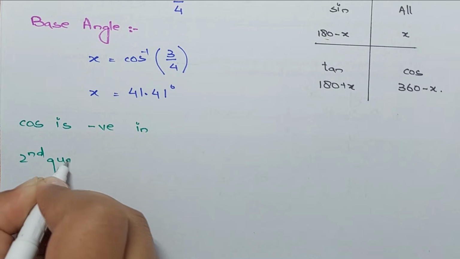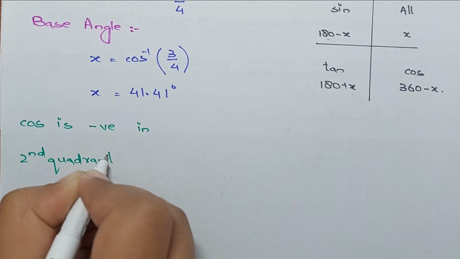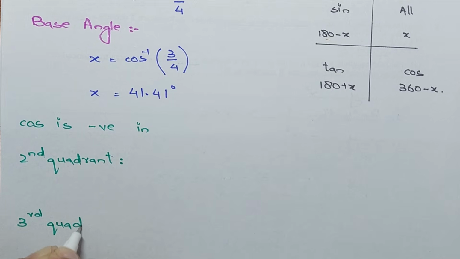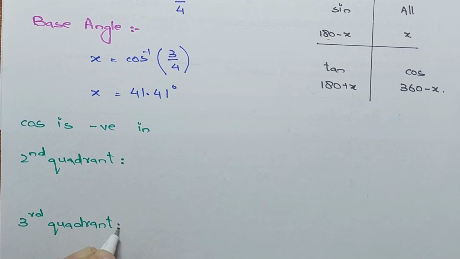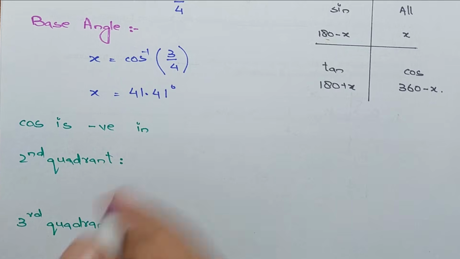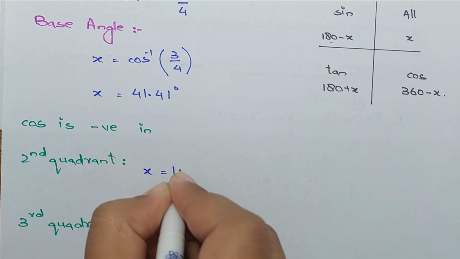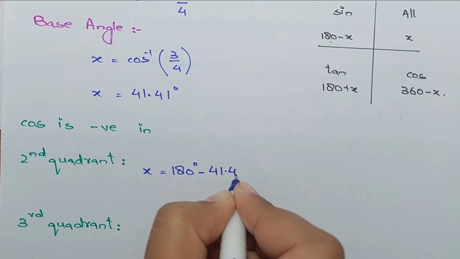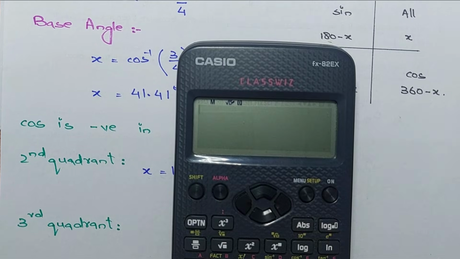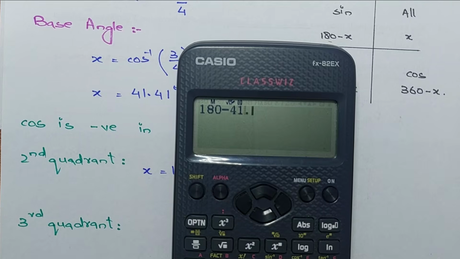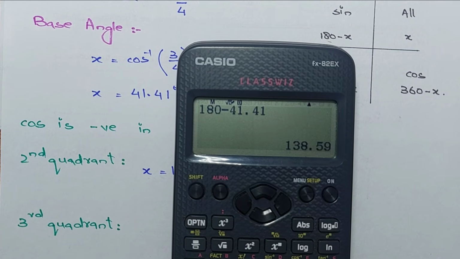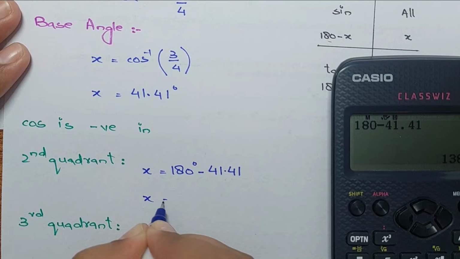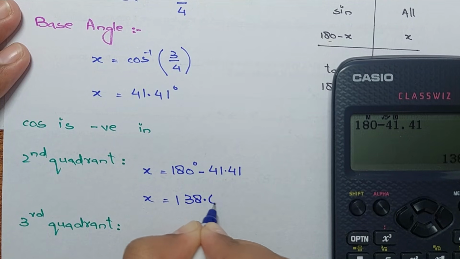So what is the value for x? The x value is 180 degrees minus this base angle, which is 41.41. So here we do 180 minus 41.41, which is 138.59, or round it to x is 138.6 degrees.